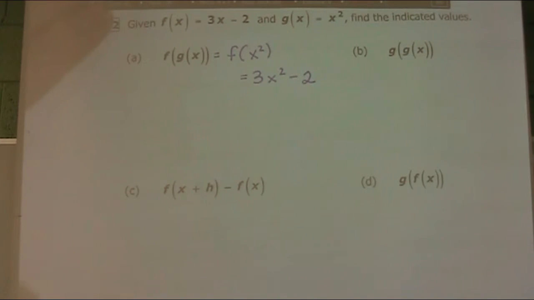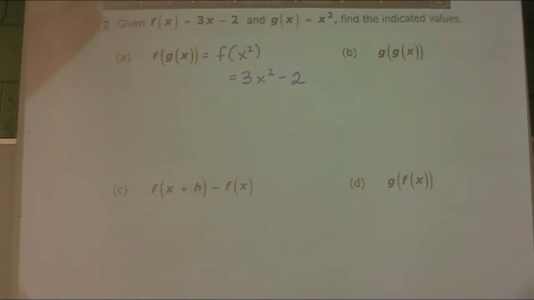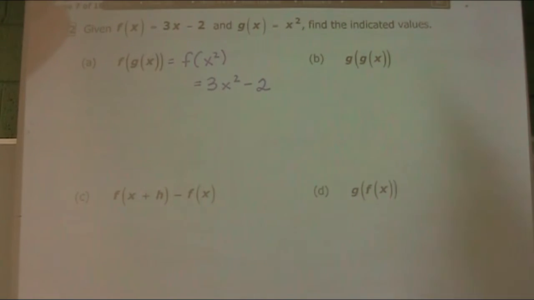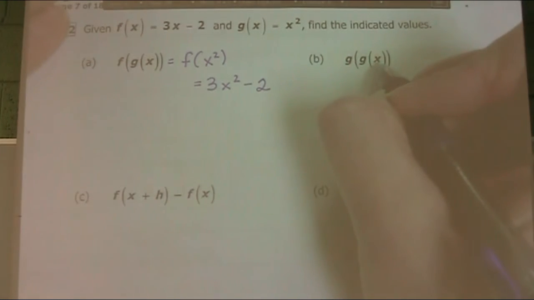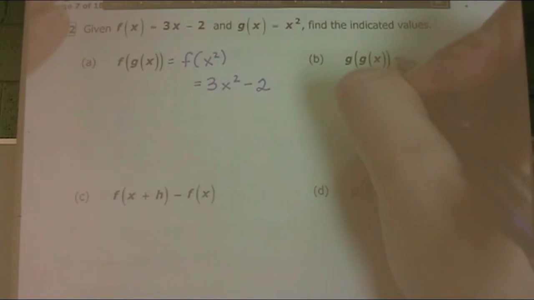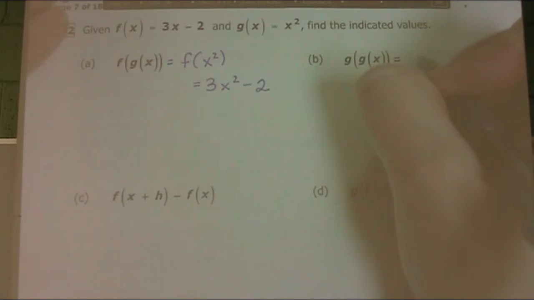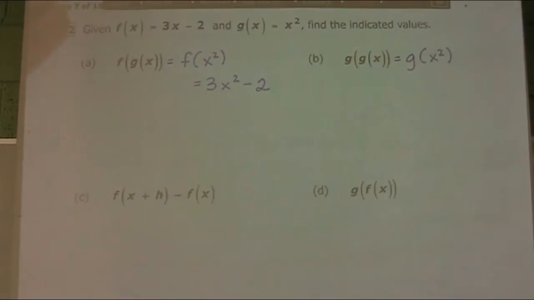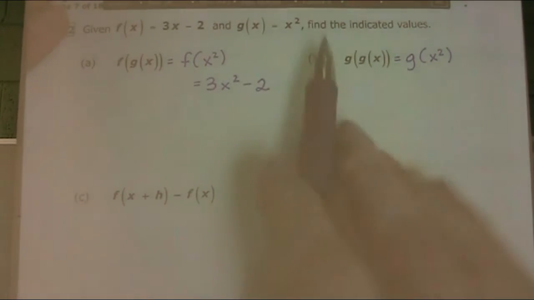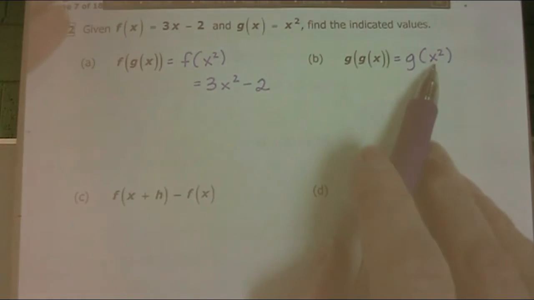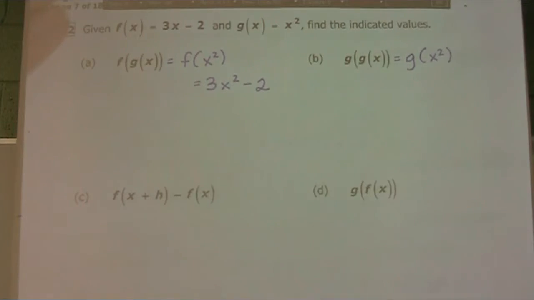All right? Let's do g of x, which is example B. All right? First of all, g of x is x squared. So we're going to substitute x squared in place of g of x. So this is g of x squared. Now, we're going to go back to our g function, which is x squared, and we're going to replace x with x squared.